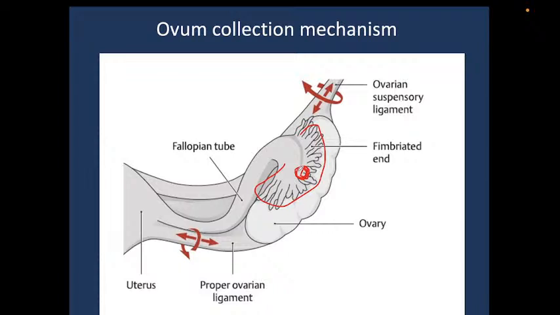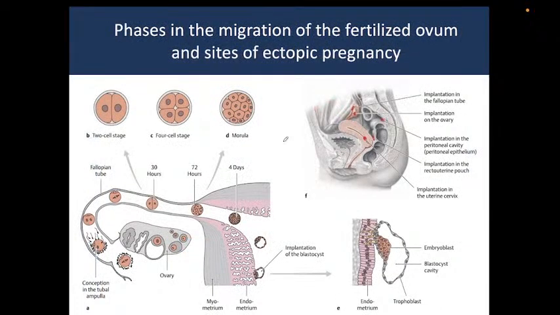And usually fertilization occurs in the ampulla of the uterine tube, in this part. So I may say that the uterine tube is an important organ providing the fertilization. And here you see the process and phases of the fertilization.